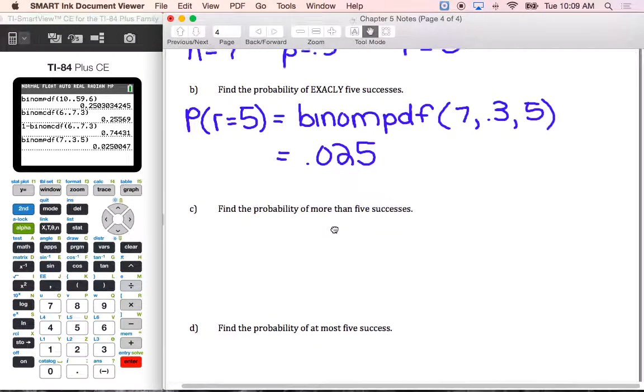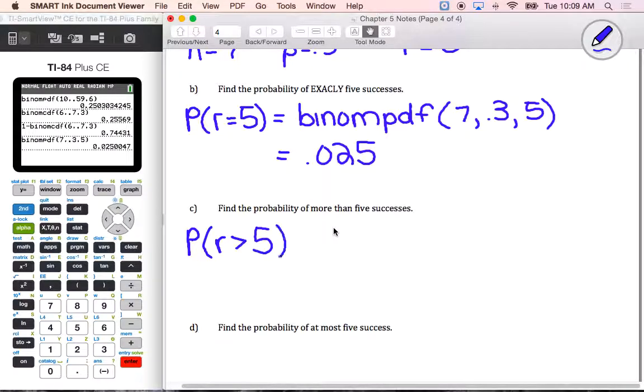Next one, we want the probability of more than 5 successes. So if you want more than 5 successes, it should be R is greater than 5. Now remember what I said, whenever it's greater, you're going to start off 1 minus. So we're going to start with then the 7 and 0.3, but think what this means.